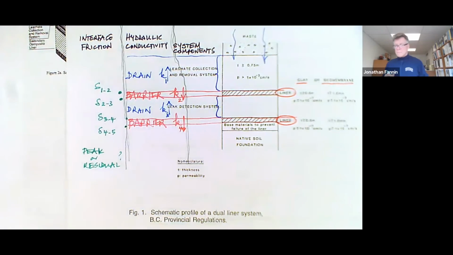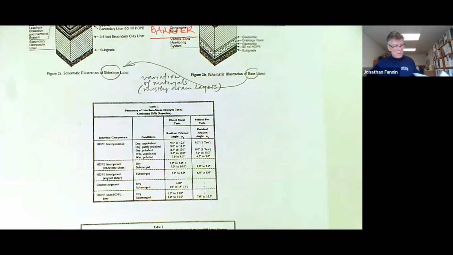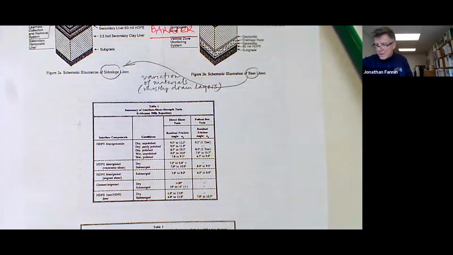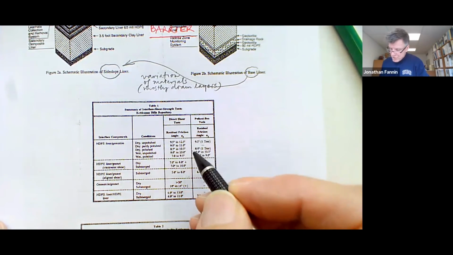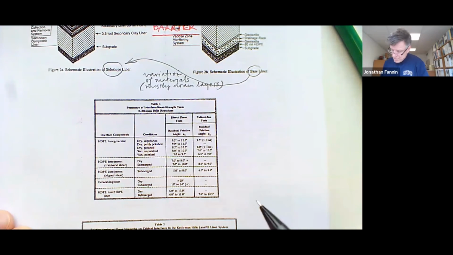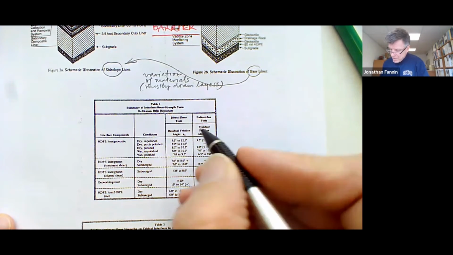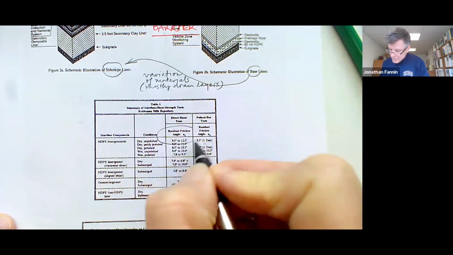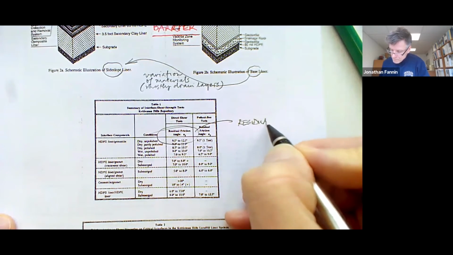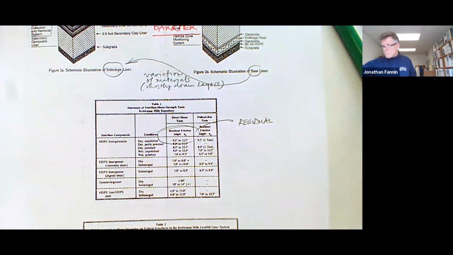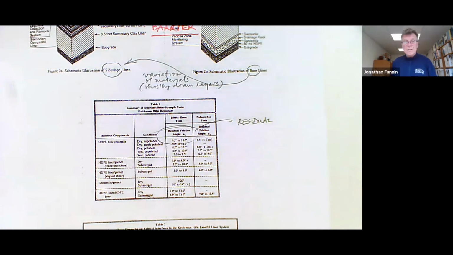Okay. And we have information provided to us here on residual friction angles from direct shear and pull-out boxes. Let's look at the direct shear tests, and we have residual friction angles.